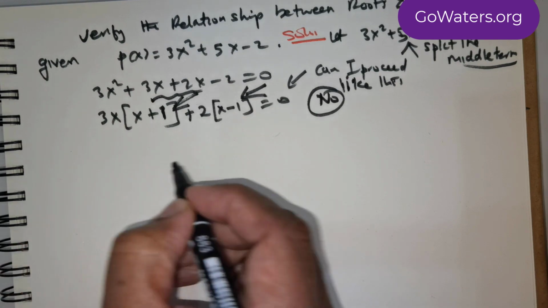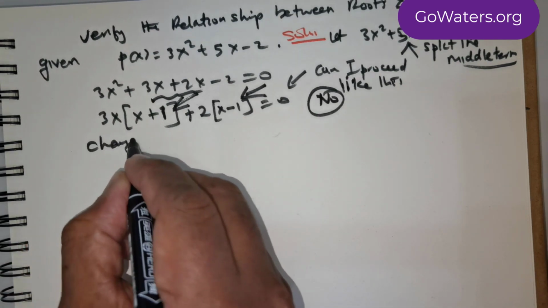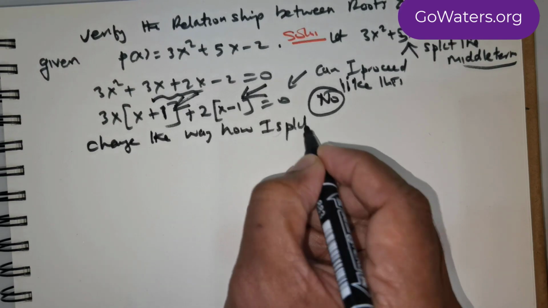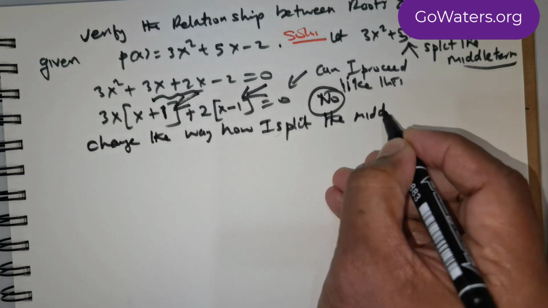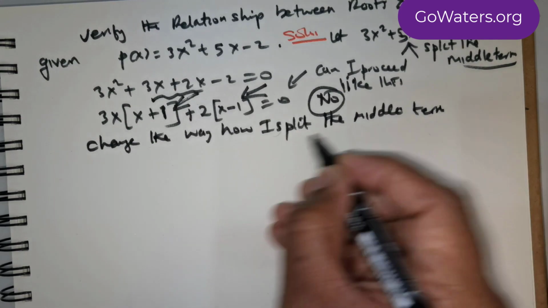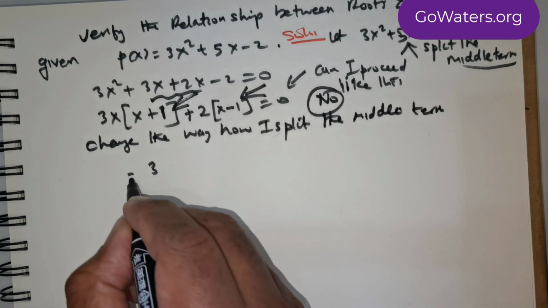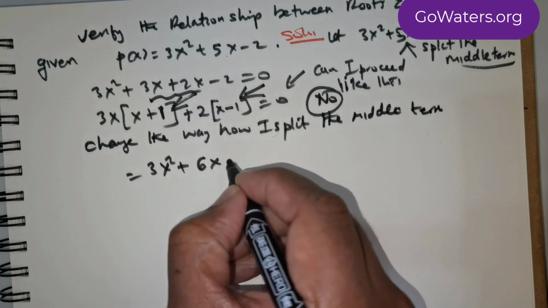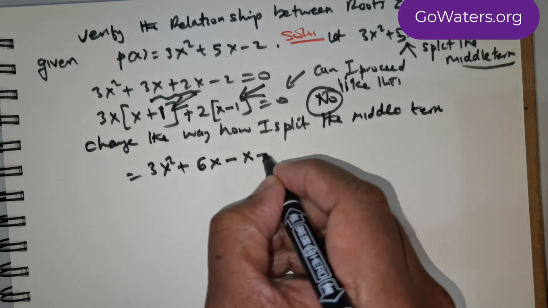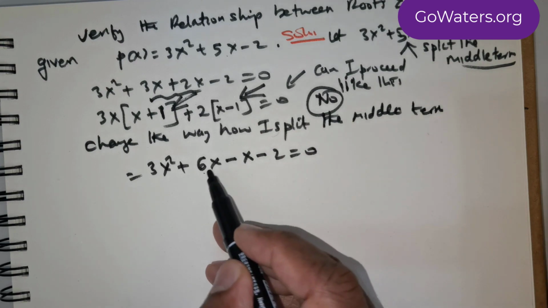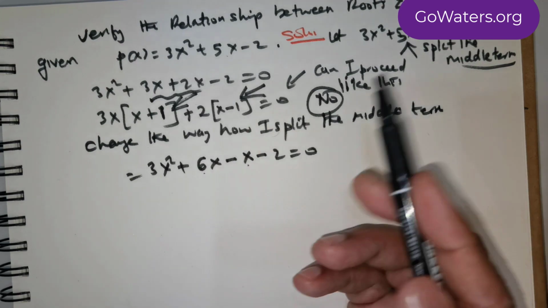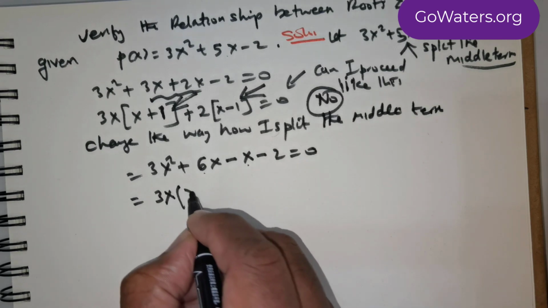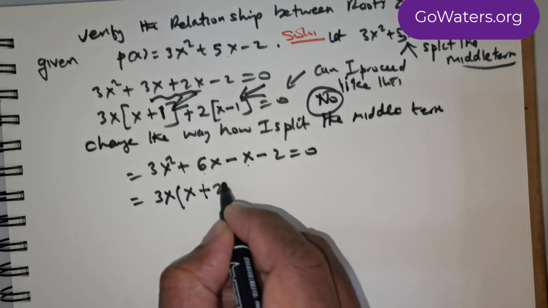So we need to change our course. So I'm going to change the way I split the middle term. Instead of writing it as 3x plus 2x, I would like to write it as 6x minus x minus 2 is equal to 0. 6x minus x would give me plus 5x, right? That's always possible. So from here, I'm going to take 3x out, I would get x plus 2, that's fine.